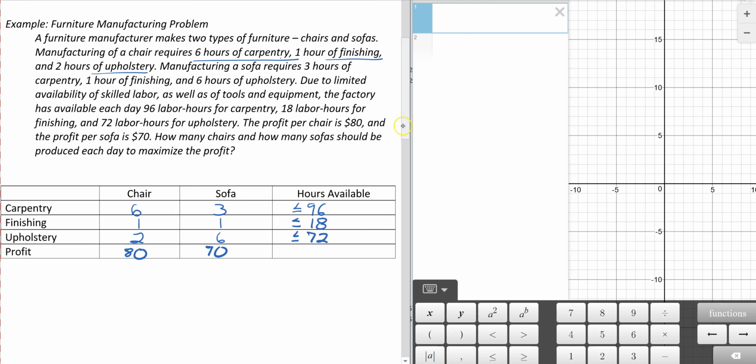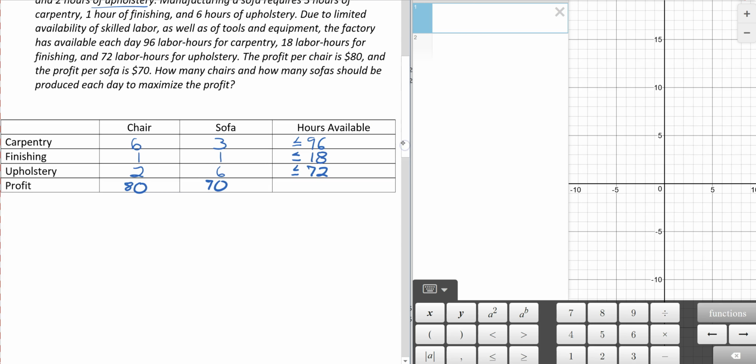With this information, we can write the constraints. Constraints are written as a system of inequalities. They're the carpentry, finishing, and upholstery. I'm going to let X represent the number of chairs, and Y represent the number of sofas.